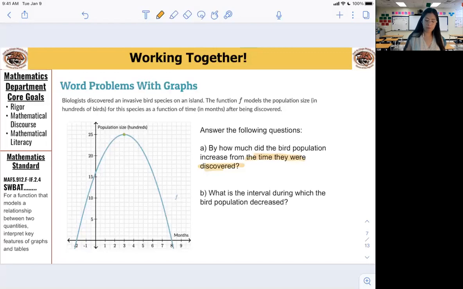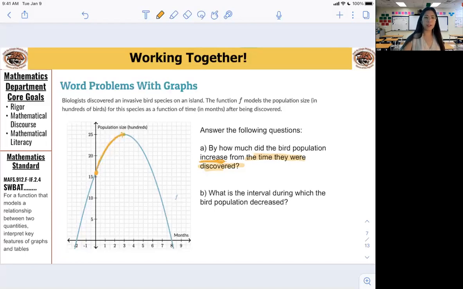The y-intercept to the vertex. So this is asking me from the y-intercept to the vertex because it's asking me how much did it increase by. So it's increasing, increasing, increasing up to this point.